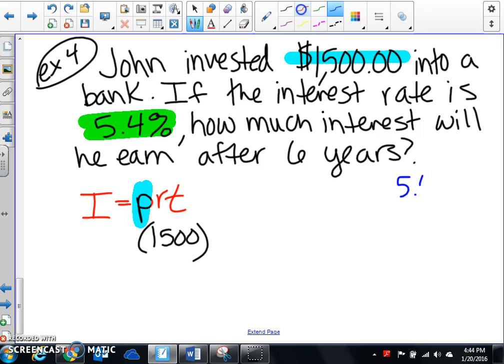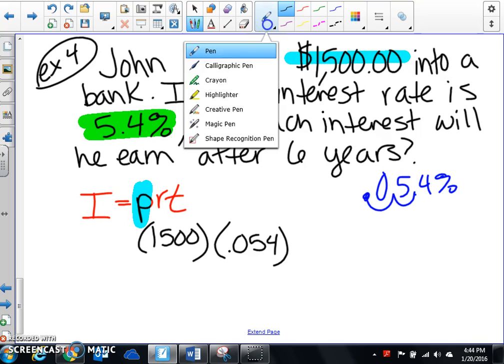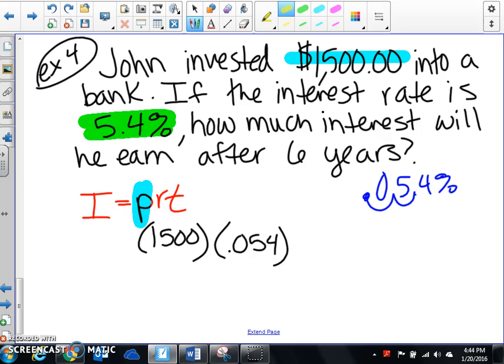We dip twice, so that is 0.054, right? And then my time is always years. Up, 6 years. There it is. So good for me, 6 years.